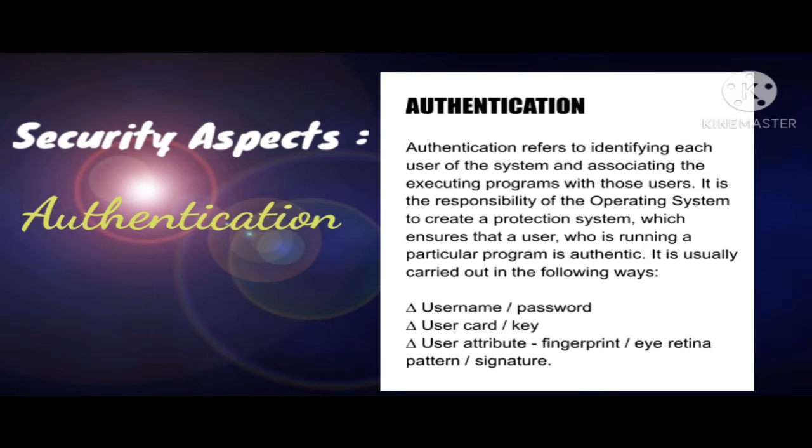It is the responsibility of the operating system to create a protection system which ensures that the user who is running a particular program is authentic. It is usually carried out in the following ways: username or user password, user card or user key, user attributes like fingerprint, retina pattern, or signature.